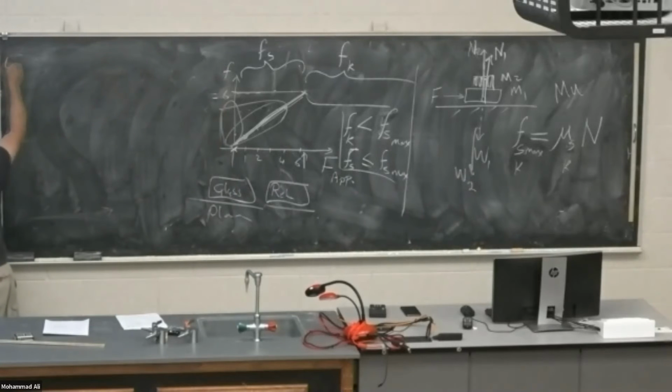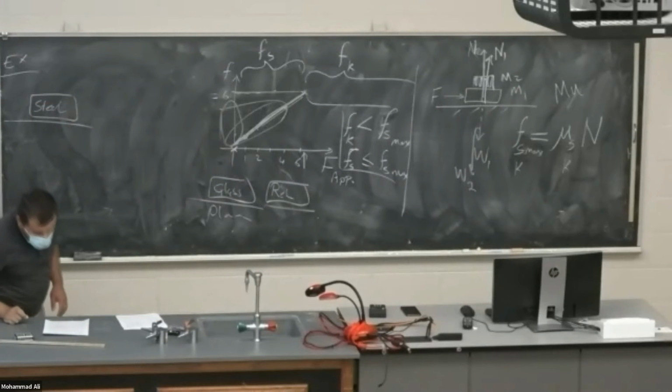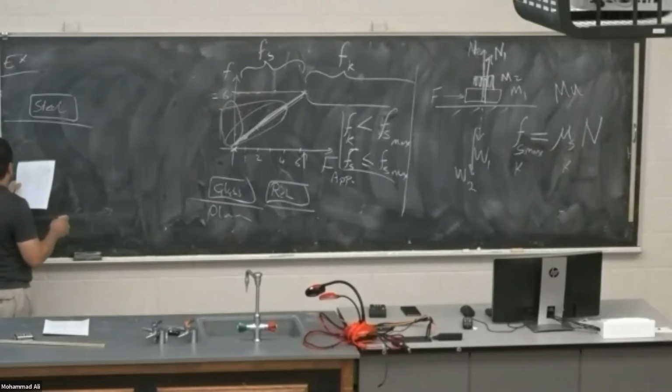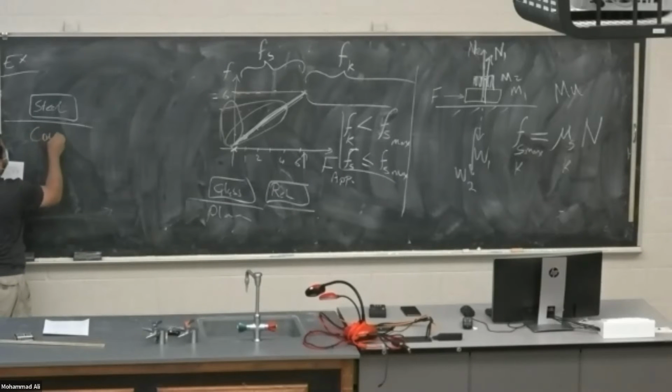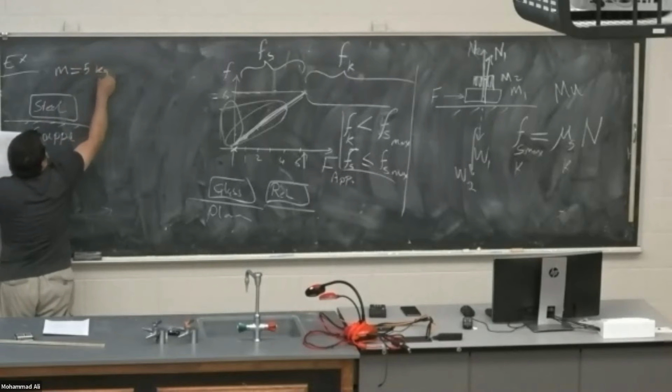In this example, we have a box, a block of steel, on a copper surface. Two surfaces. What is the mass? The mass is 5 kilograms.